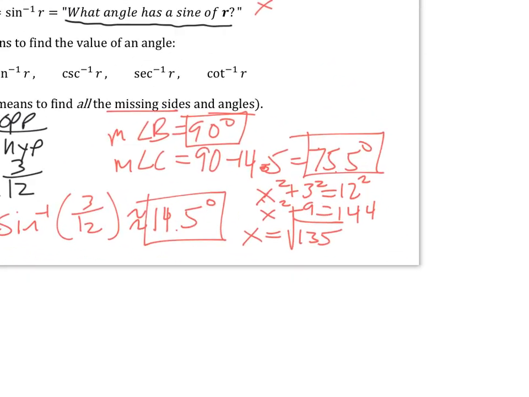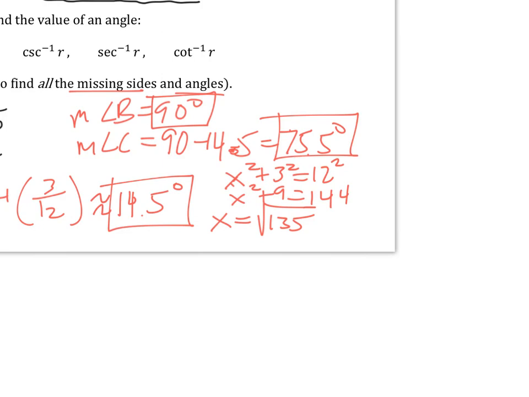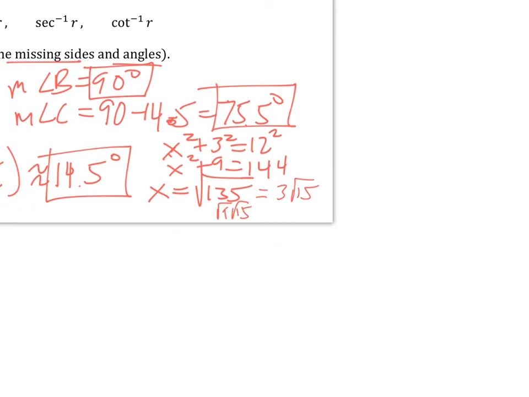And I do believe that 9 goes into 135. It's 45 times 3. So this simplifies to the square root of 9 times the square root of 15, which is 3 square root of 15 for side AB. All right. So we have solved the triangle.